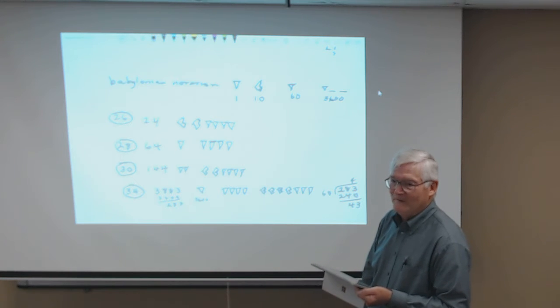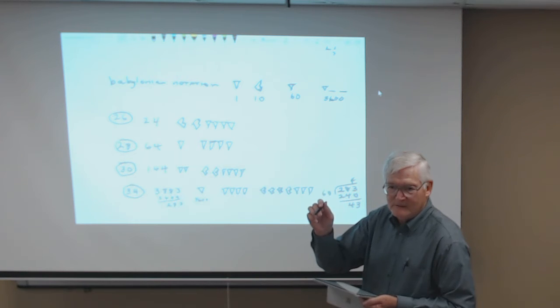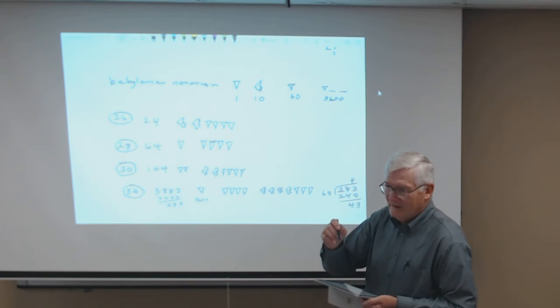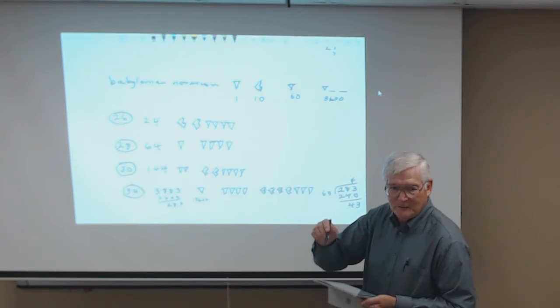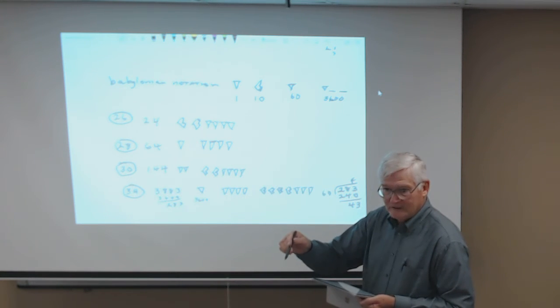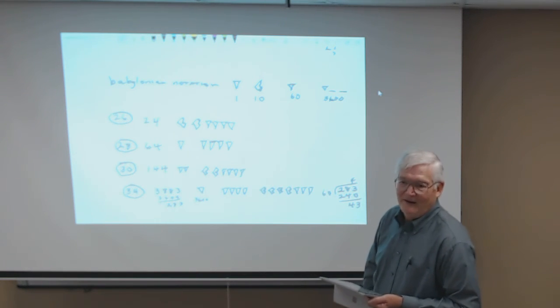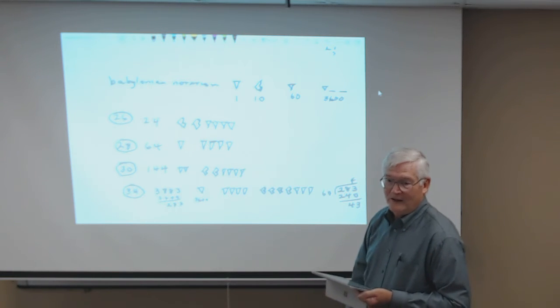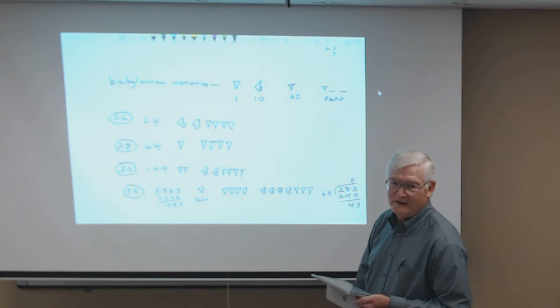Okay, what's the base system we use for our numeration system? Base 10. The ones place, then the tens place, then the hundreds place, and then the thousands place, and then the 10,000s. Multiples of 10. Well, Babylonians, and a nurse told me this one time, if you have a perfect heartbeat, your heart beats 60 beats per minute.